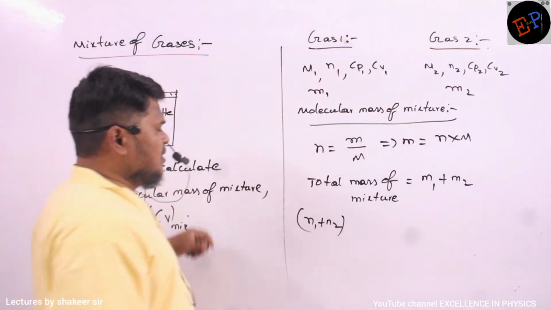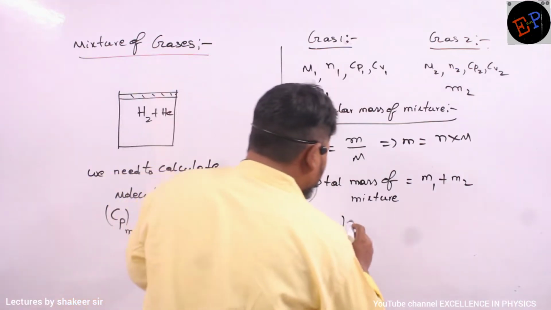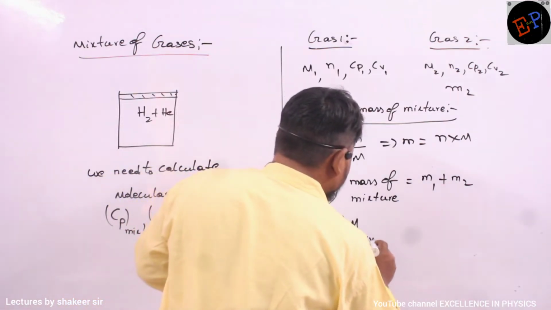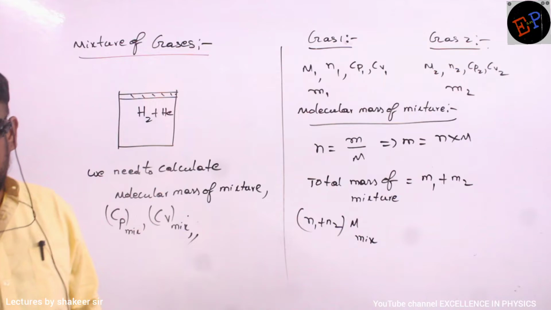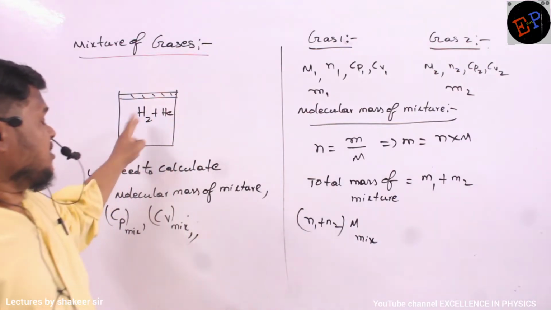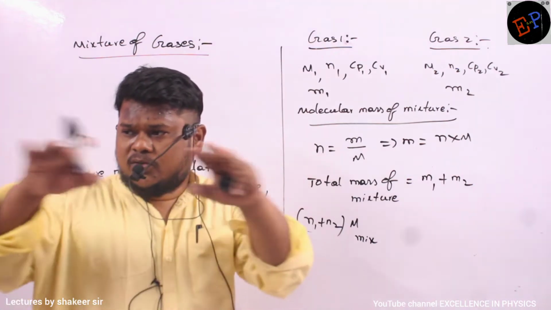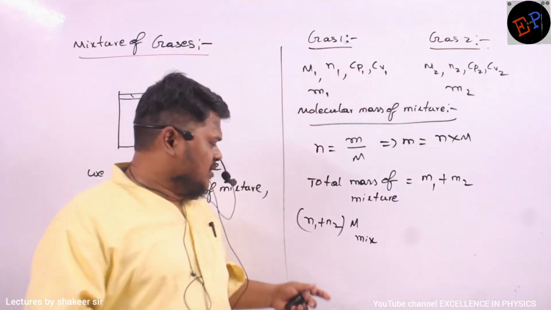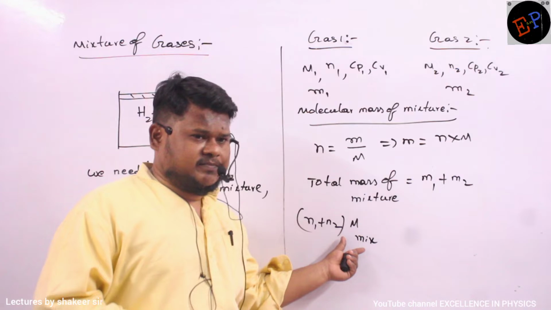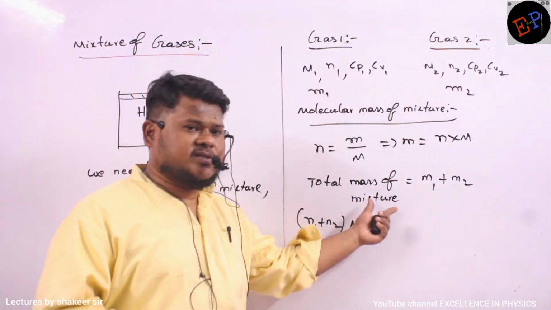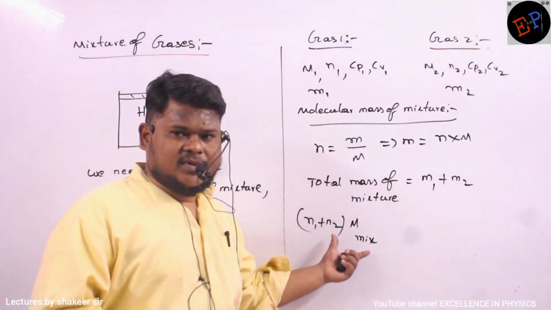And for the total gas, the molecular mass I take as M of mixture. Are you able to understand what we are writing? Gases individually have molecular masses, but I am taking the molecular mass of the total mixture, which is represented by M mixture. So instead of total mass of the mixture, I can write this equation. Are you able to understand?